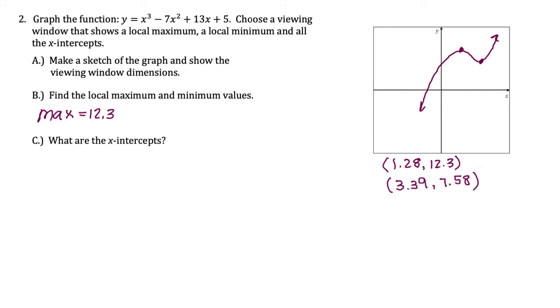And your minimum value, that's going to be 7.58. And then you need to find your x-intercept. And again, we can do all this on our calculators. That x-intercept value is going to be negative 0.325, comma 0.